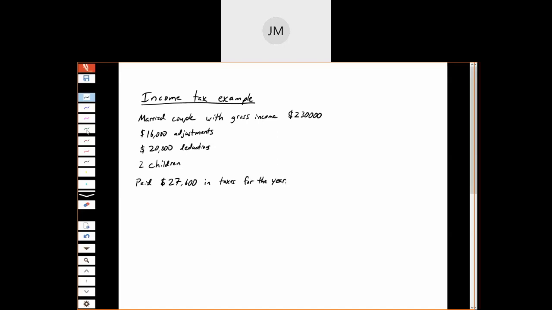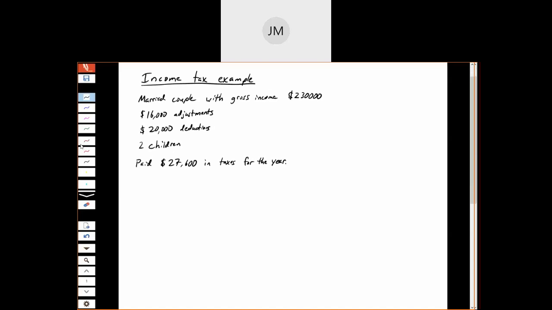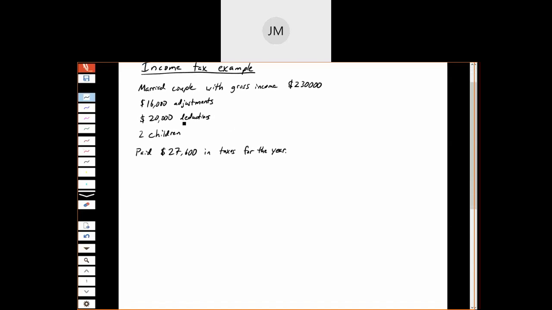Okay. What we want to do is run through the whole list. Instead of writing out all the things we want to find, I'll just write them as we go. So we'll say, step 1, find the adjusted gross income, which from this point on I'll abbreviate as AGI.